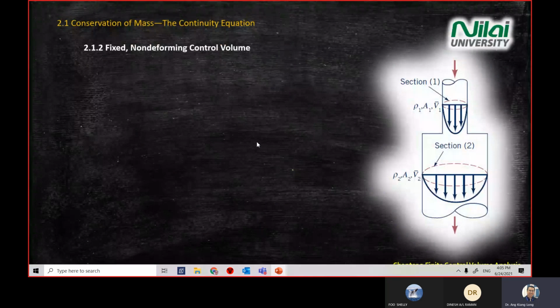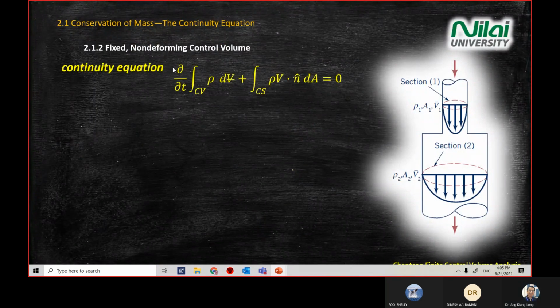Now, for the continuity equation that we learned so far, the examples that we have had section A and section B, or your inlet and outlet. The previous example had the same area.